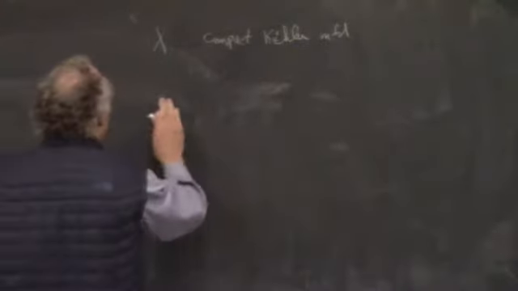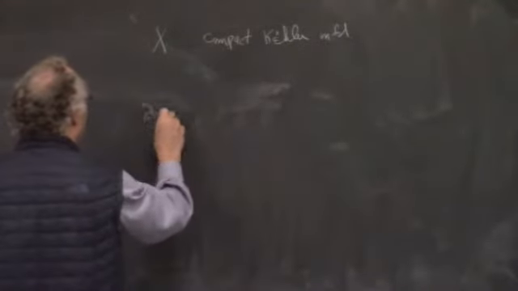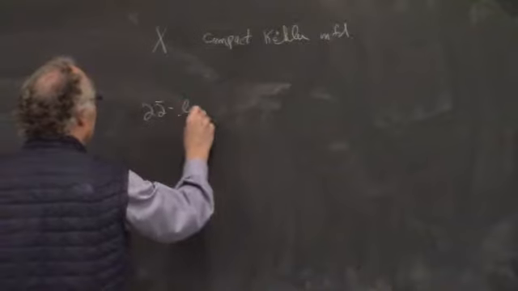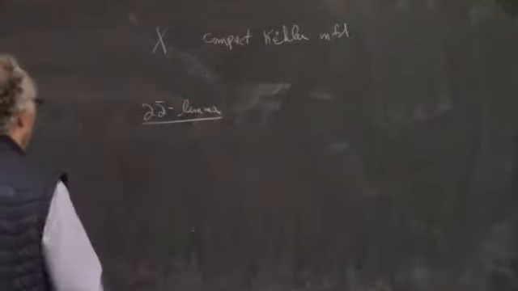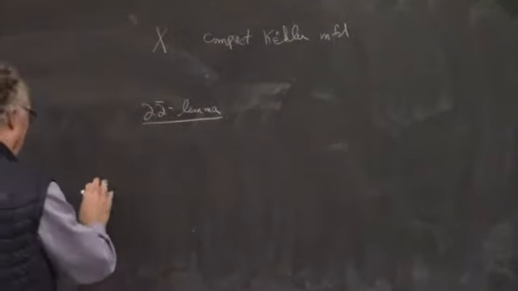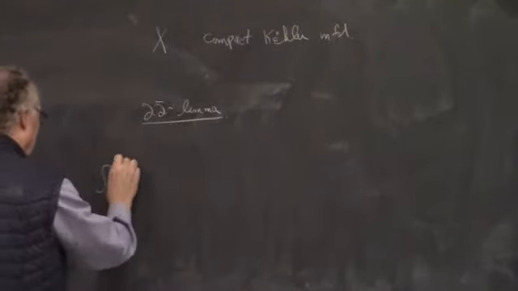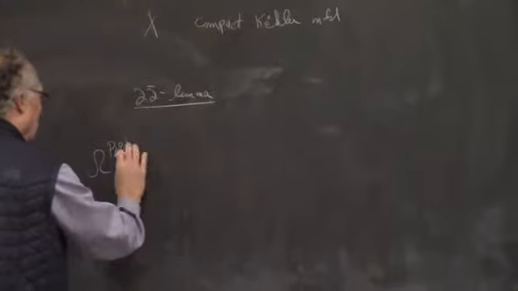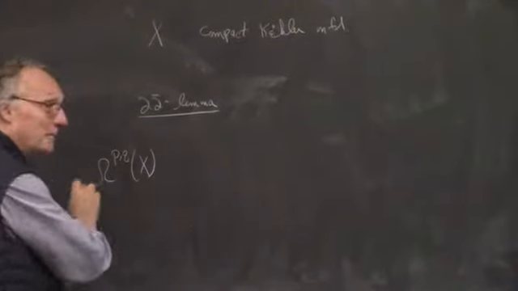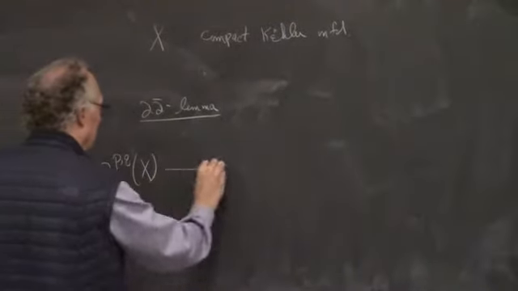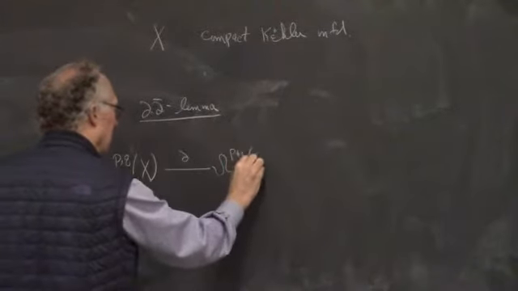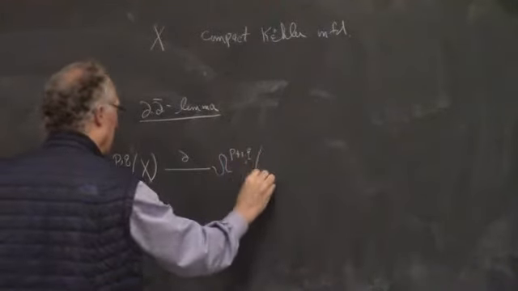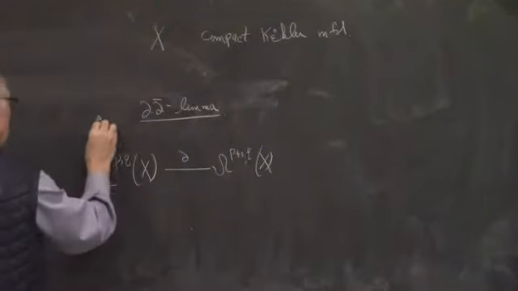Then there's a result that's called the dd-bar lemma. So the double complex here is the differential forms of type (p,q) on X, and the two differentials are d and d-bar.